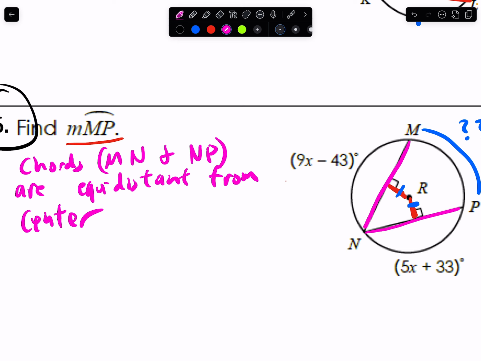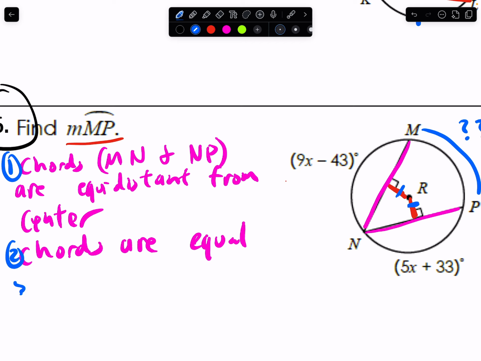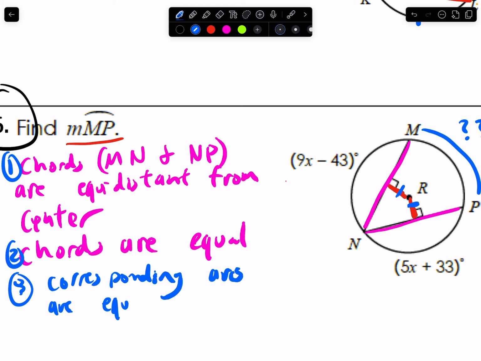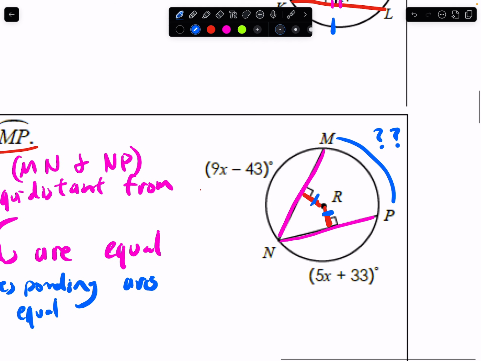Because they're equidistant from the center, that means chords are equal, which means corresponding arcs are equal. So this arc right here is equal to this arc.